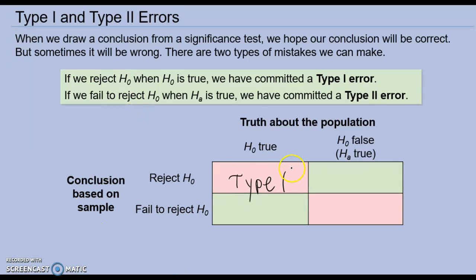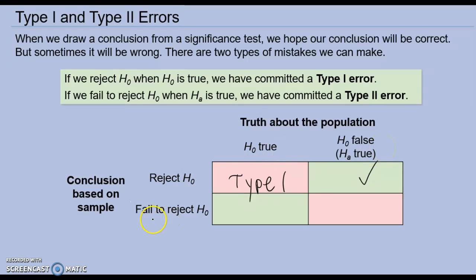If you reject the null, and then the null actually ends up being false, meaning the data that supported your alternative ended up being a true statement, that is an okay thing. Okay.